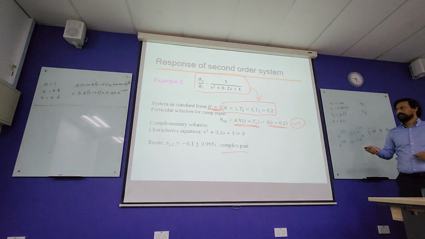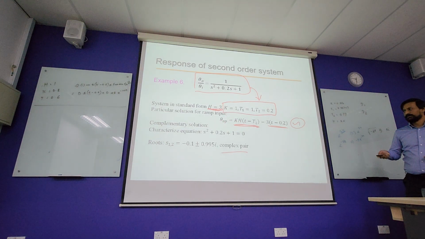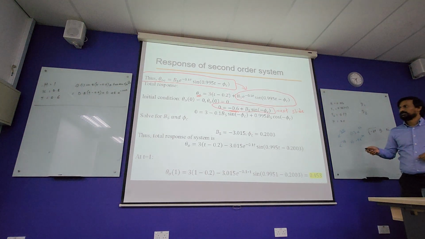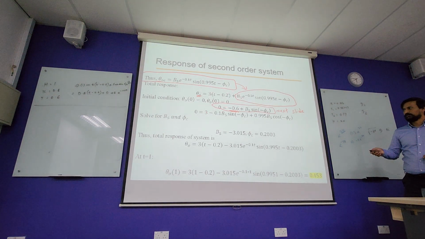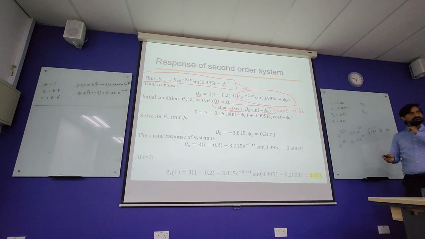H, K, T1, T2. Then we get the particular solution based on the formula, then the roots, which follow a similar pattern of formulas. Then we substitute, and use the initial conditions to get b as well as phi, giving the final answer.